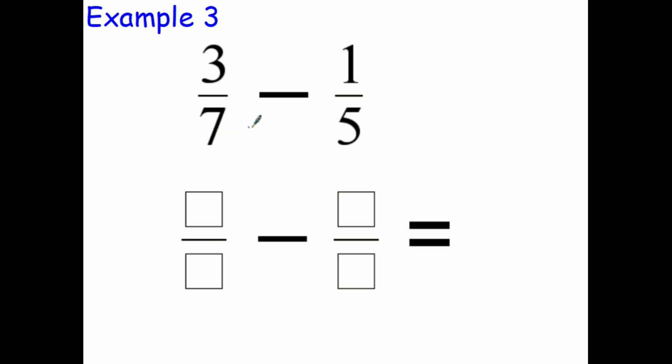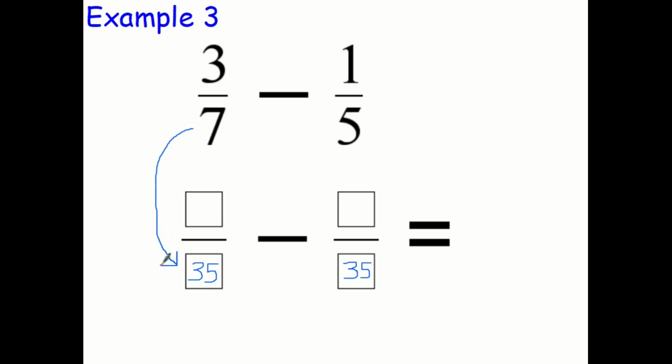The easiest way to do that is to think about the lowest common multiple, which in this case is just going to be 7 multiplied by 5, so 35. You can always just multiply the denominators to give you this number on the bottom. That's a safe bet for making sure that each of these numbers go into it.